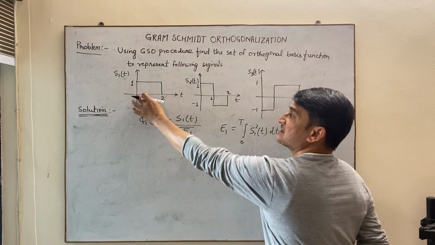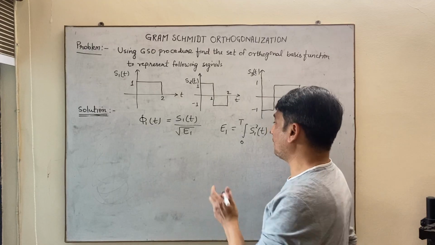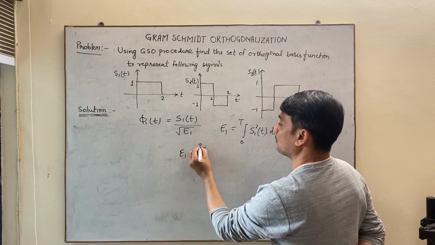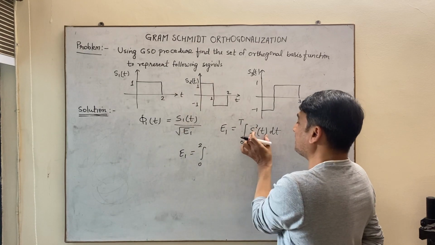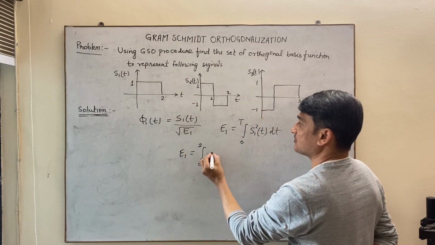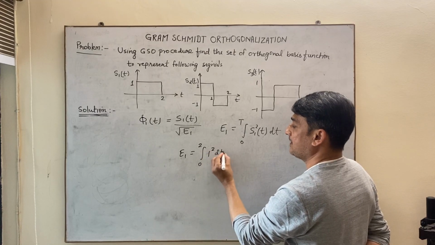Now this limit is moving from 0 to 2, so it can be written as the integration 0 to 2 of S1, and the value of S1 is 1 throughout, so it will be 1 square dt.